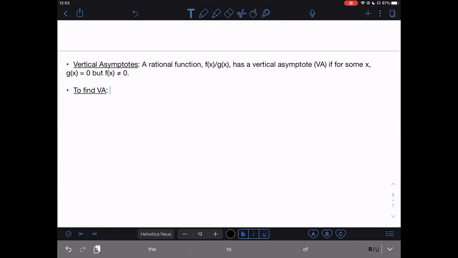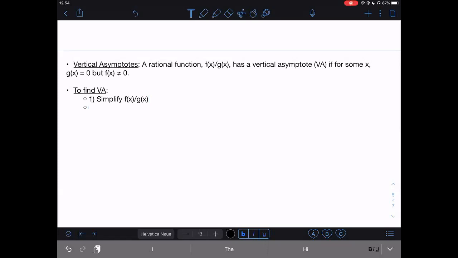In order to find vertical asymptotes, the first step is to simplify your rational expression. Don't just try to solve for the denominator just yet. Simplify it first. Simplify your rational function by factoring and canceling out any common factors between your numerator and denominator.